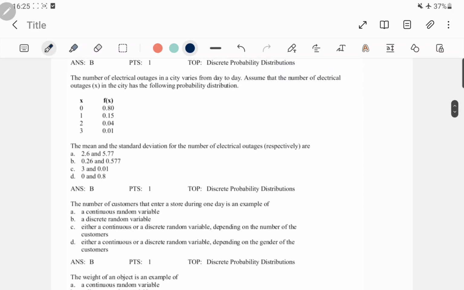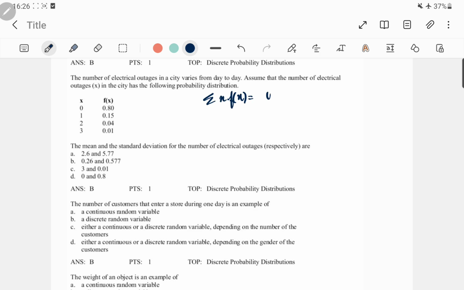Okay. Next is, the number of electrical outages in a city varies from day to day. Assume that the number of electrical outages X in the city has the following probability distribution. We need to find the mean and the standard deviation. We know that mean is summation of x f(x).